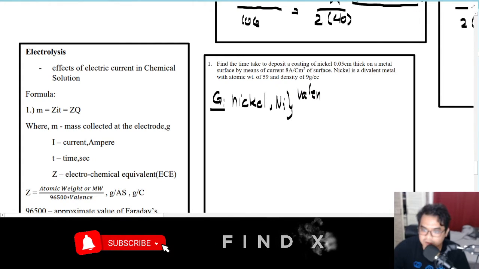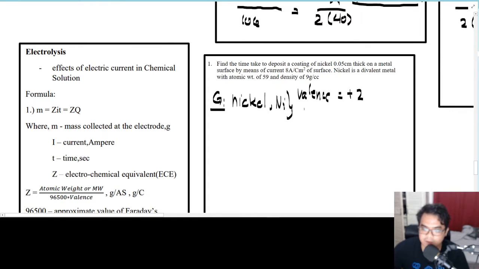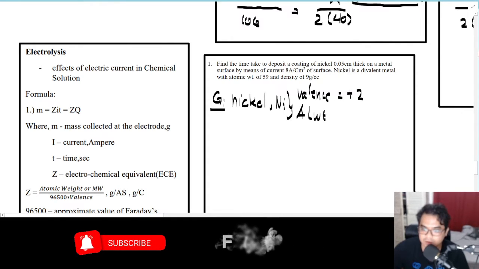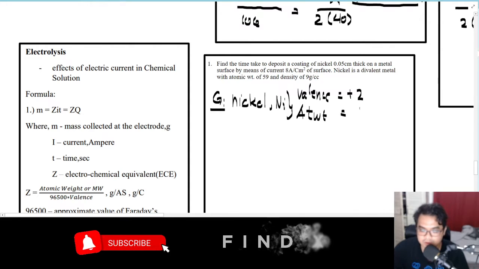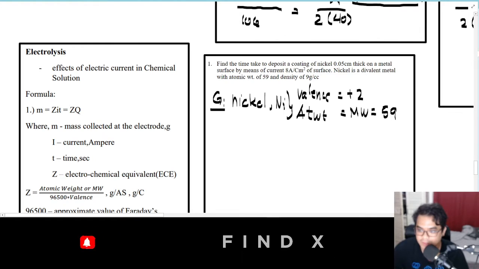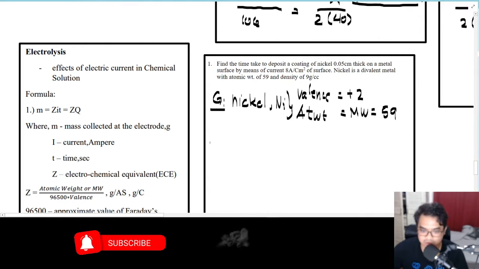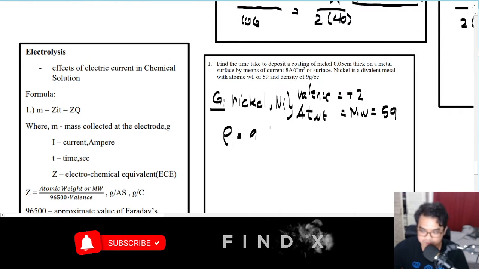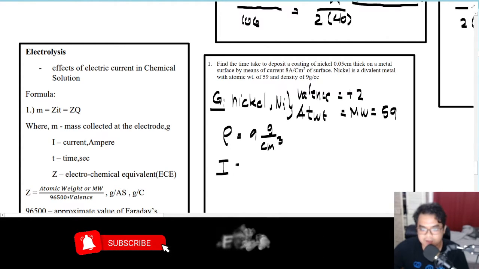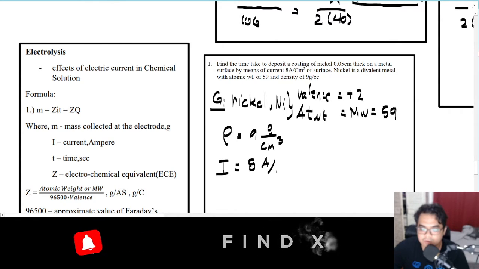The valence of nickel, this one you should know, is plus 2. And then the atomic weight, I think that is already given. This is also the molecular weight, so 59. And then we also have the rho. This is volume density, gram per cubic centimeter. And then we also have I equal to 8 ampere per square centimeter.